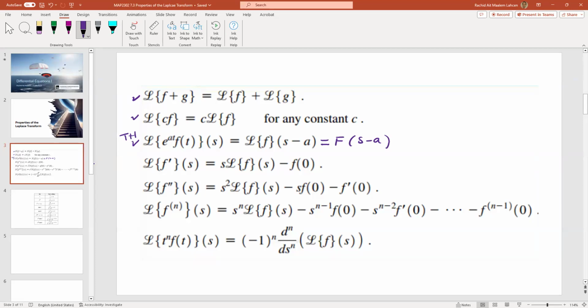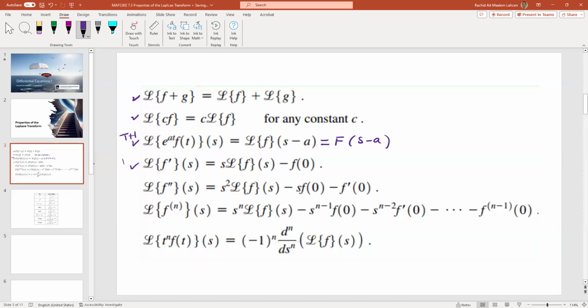And this one is easy to see because in the Laplace transform's definition, you have the function times e to the negative st. So if you multiply, you add exponents with this at here, and when you factor out a negative, you'll see it just gives you this directly.